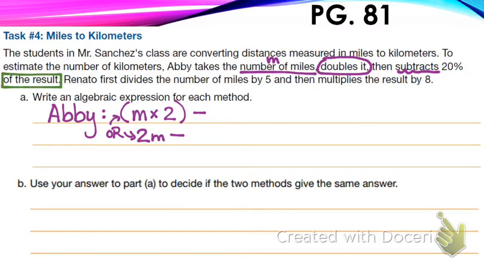So there's all kinds of words going on here. One of them showed up on one of our posters yesterday, and I got really excited when I saw it. Which of those 3 words showed up on one of our posters? Of. What operation do I use when I see of? Multiplication. So I'm going to multiply, and then it says the result.